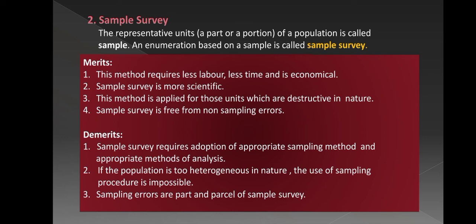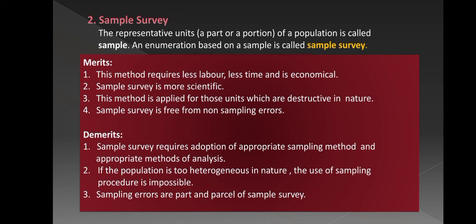So sample survey is more scientific, and this method is applied for those units which are destructive in nature. Whenever it is impossible to collect the information of the population, in that case we can use this method, that is the sample survey method.